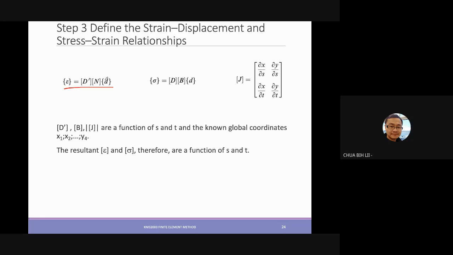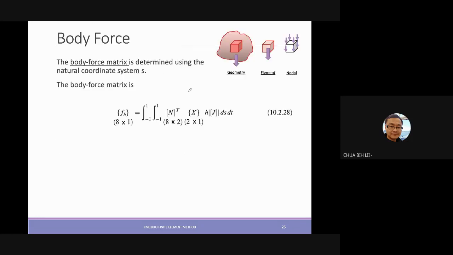Again, then you form the relationship between the displacement and the strain, and then between the strain and the stress itself. For the body forces as well, it would be similar. You have to integrate for the whole volume in terms of S and T.